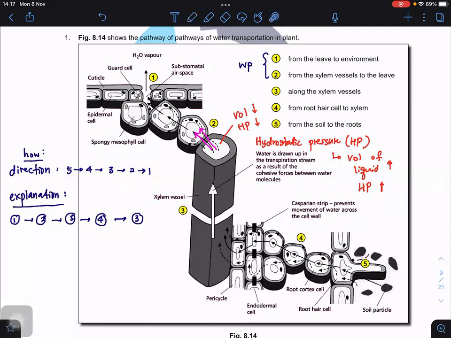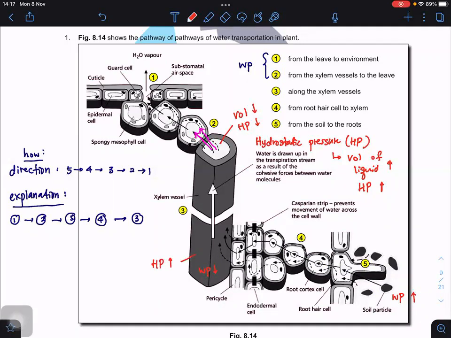But next, you can see that, okay, number 5 and number 4, water molecules constantly move because of soil particles here. Okay, water potential is high. Xylem here, water potential is low. So in this case, water molecules constantly will move. Can you see that they absorb the water all the way into the xylem? So if you look at this part, because of water molecules entering, hydrostatic pressure now is high.